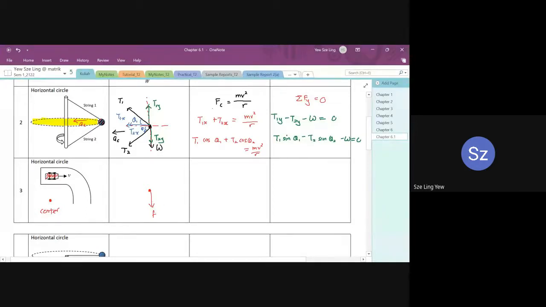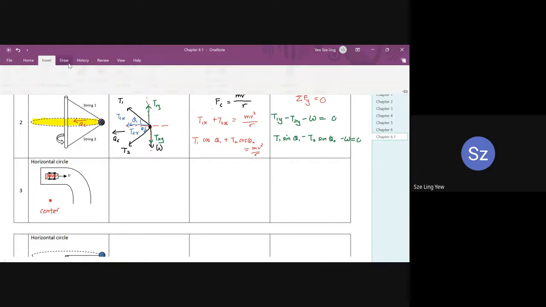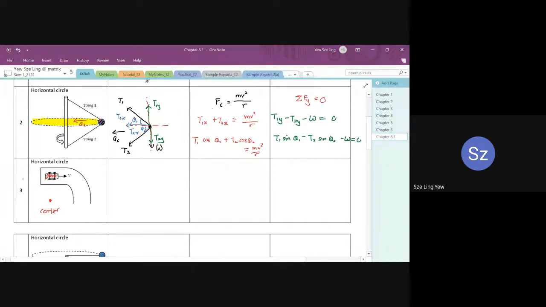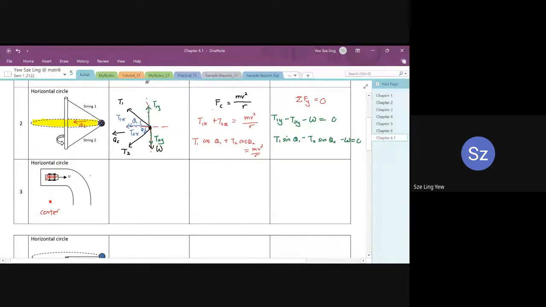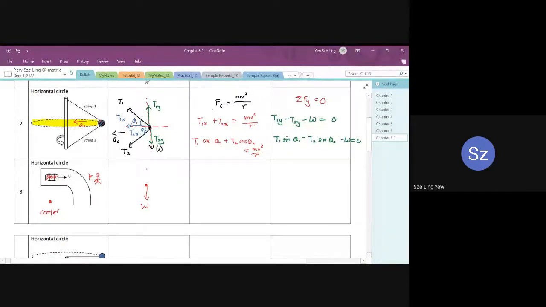Of course, if you want to draw a free body diagram from the front view, kalau kamu nak draw dari front view, let's say you're looking at the object from here. What you have here is an object with a weight and also a normal force.